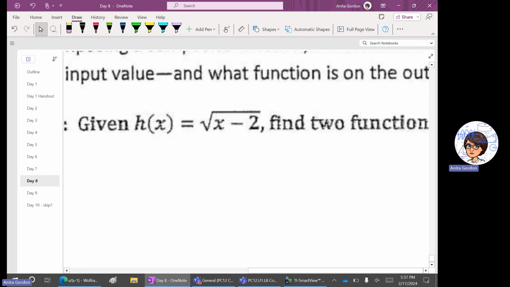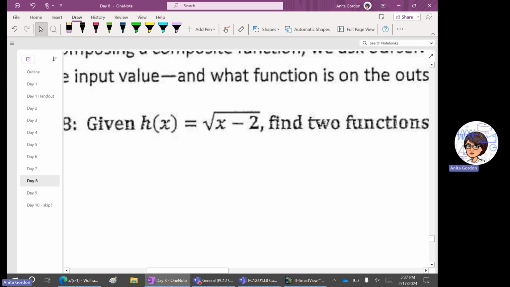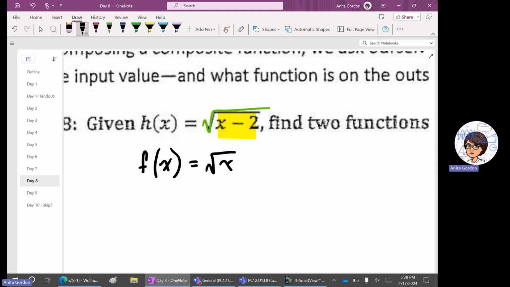If I zoom in here, it's a little bit blurry, but that's all right. You can see there's two things going on. There's some stuff under the radical, and there is the radical itself. The radical is on the outside of the inside thing. So the simplest way I can explain it is this way. F of x, the outside, let's call it square root of x, and the inside, g of x, is going to be x minus 2.